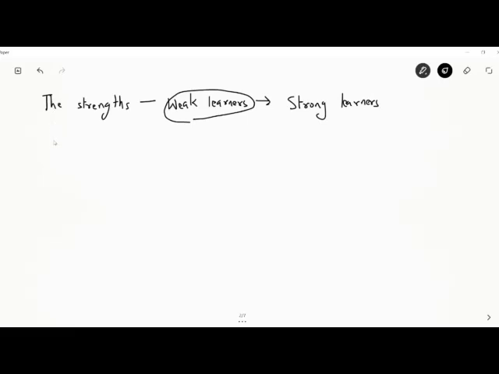So now let's understand what these terms actually mean. A weak learner is colloquially a model that performs slightly better than a naive model.